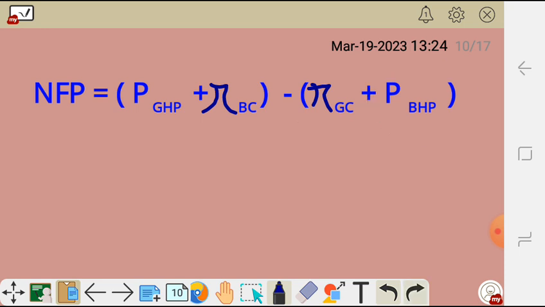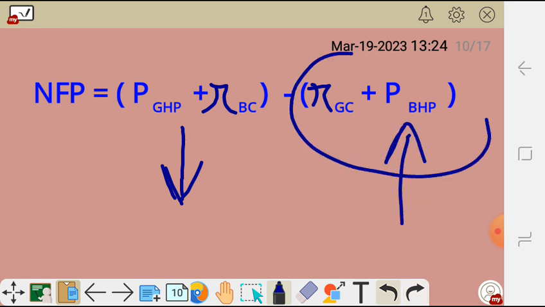What is happening here is that you add all the forces which are driving our filtrates into the Bowman's capsule, and then you subtract the opposing forces, the forces which are driving our filtrates to go back into the bloodstream. Then what you are going to get will be your net filtration pressure.